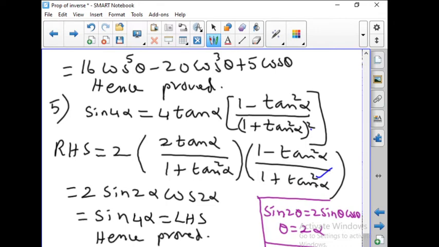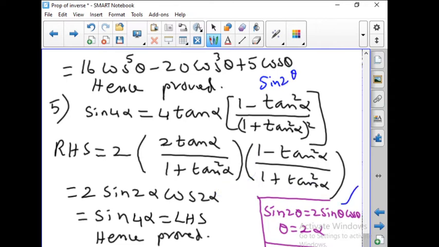Now see the first term, it is nothing but sin 2 alpha, the double angle identity for sin 2 alpha in terms of tan. Similarly, the second term is cos 2 alpha. Now we know that sin 2 theta is 2 sin theta cos theta.